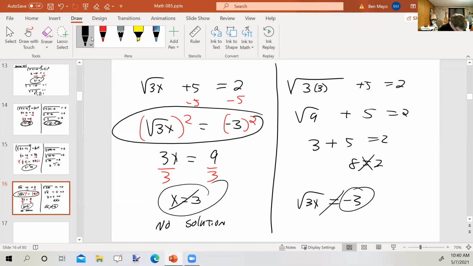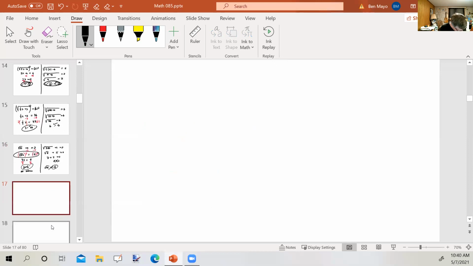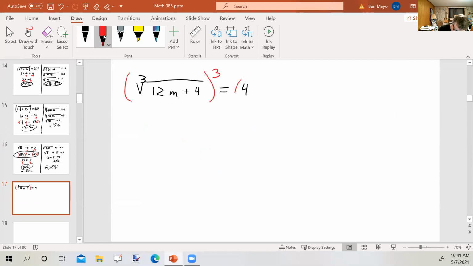Okay, let's see here. Let's say we've got this situation. The cube root of the quantity 12m plus 4 equals 4. Once again, we have a radical, and it has been isolated, but it's a cube root. So now we're going to cube both sides of the equation.